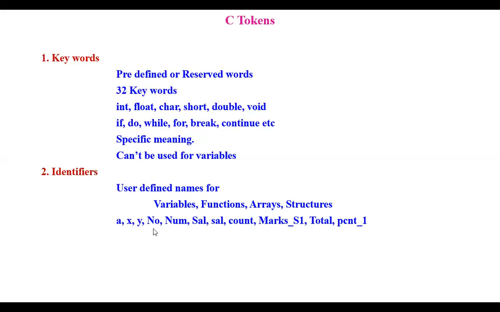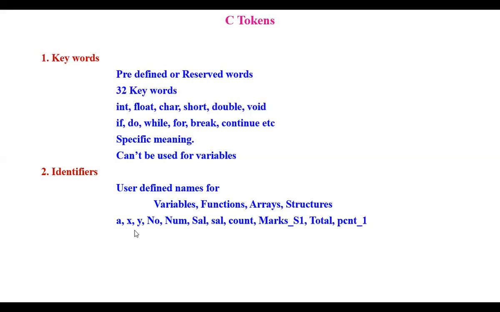Suppose I have given a variable the name A. A is used to define an integer, so A can carry integer values. Suppose X is a float. It can carry a number with decimal values.